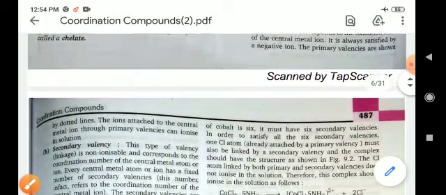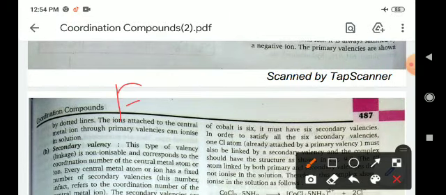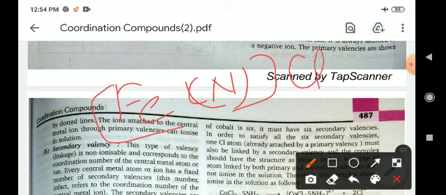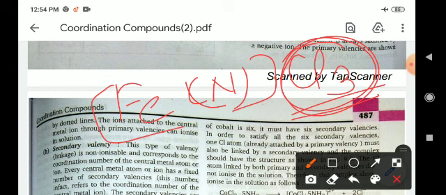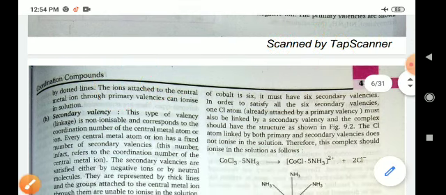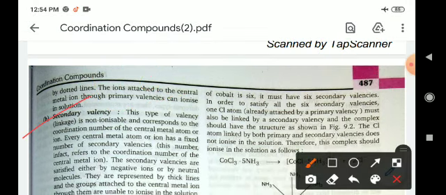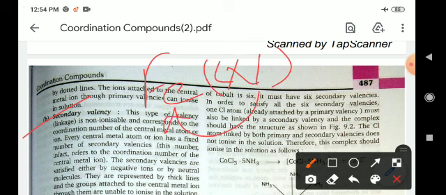For example, in the complex compound [Fe(CN)6]Cl3, the part written outside the square bracket is the primary valency, and it is ionizable. The secondary valency refers to the ligands directly attached to the central atom, and the number of these ligands is known as the secondary valency.